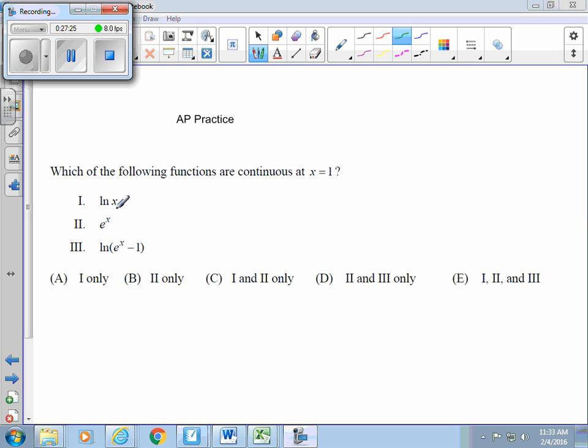Okay, natural log of x. In calculus, you're never going to be asked to graph by hand, but you will be occasionally expected to know what a graph looks like. And here is that example. Do we know what natural log of x looks like? We know it's the inverse of an exponential, right?